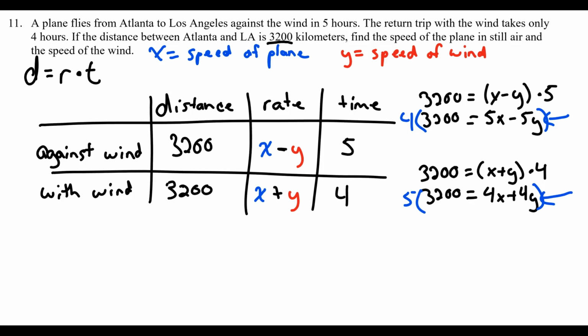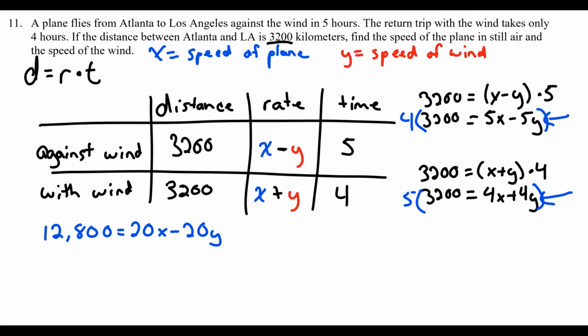Doing so will give me a negative 20y and a positive 20y. So 3,200 times 4 gives me 12,800, and that's equal to 20x minus 20y.